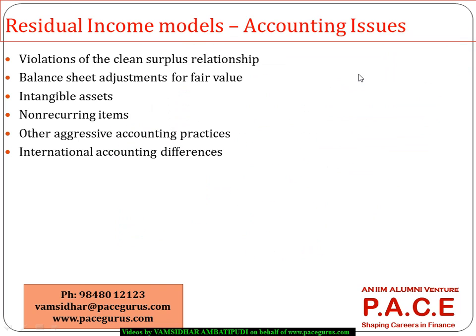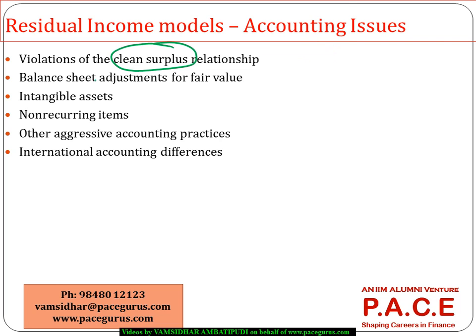Finally, whenever we are using the residual income models, we have to make sure that anything impacting the clean surplus relationship, you negate those transactions. Whatever is represented as part of the other comprehensive income in the balance sheet, make sure that it comes into the income statement and gets accounted for.